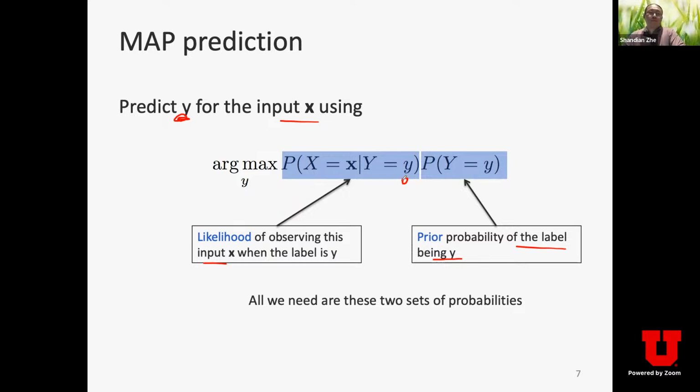So we can see that in the prediction step, we just need these two probabilities. That means in training, we need to estimate or learn these two sets of probabilities.